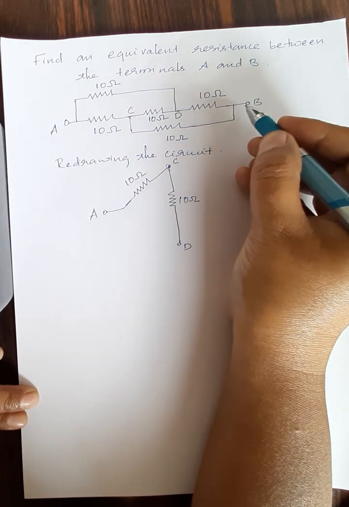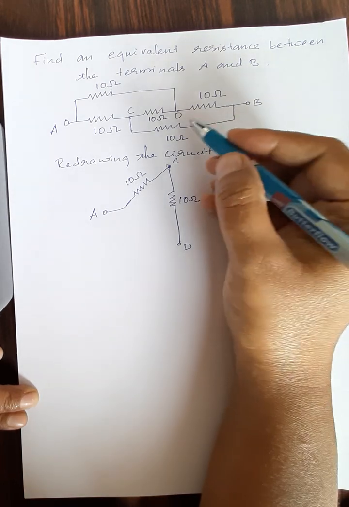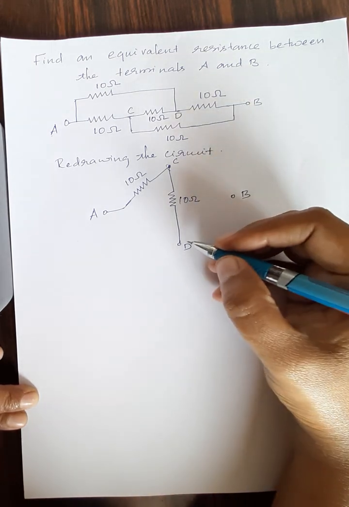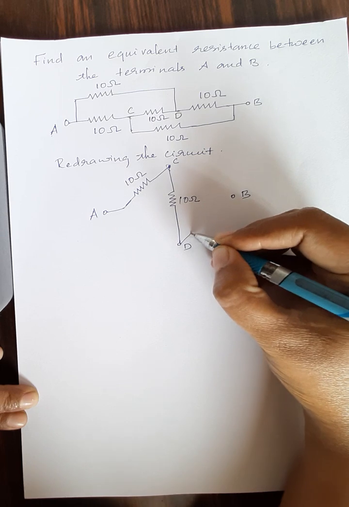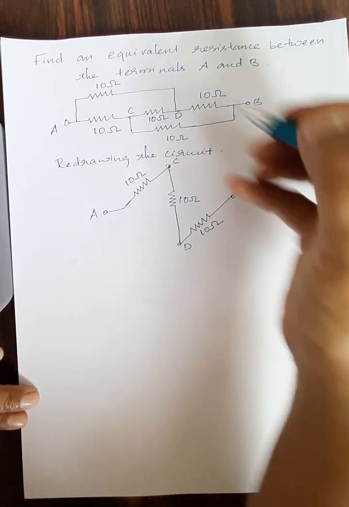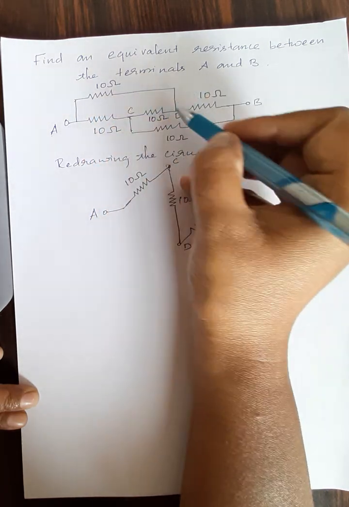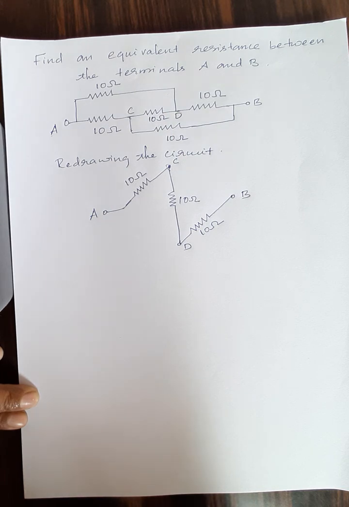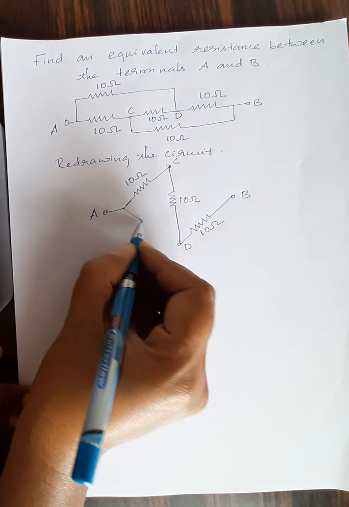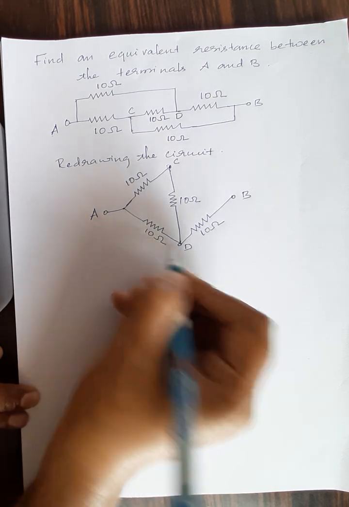Again D to B, I will write like this here. If you observe D to B, you have 10 ohm resistance. The same 10 ohm resistance I will write here across D to B. And again across A to D you have 10 ohms, so across A to D I will write 10 ohms.